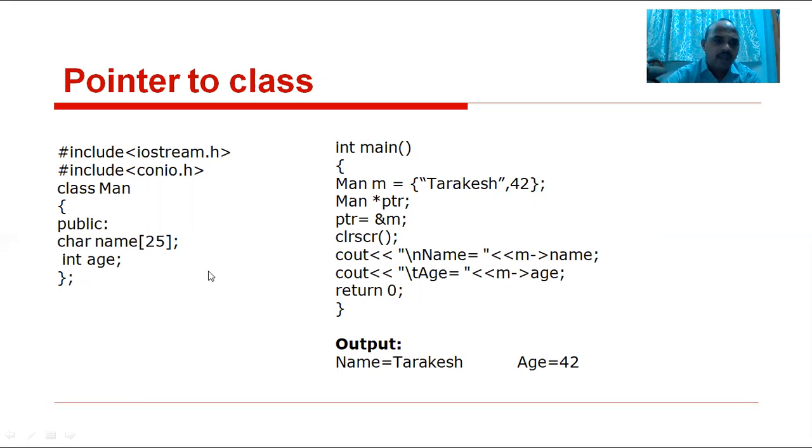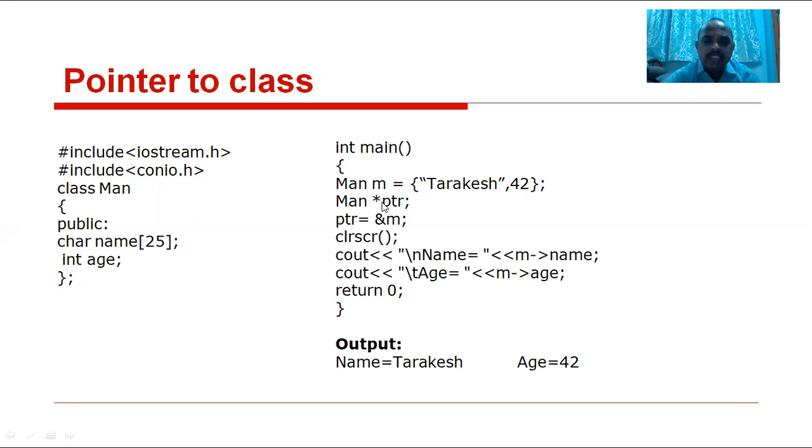In this example, this is class man, with name and age. These two are the members of this class, defined in public visibility. In the main function, m.name equals Tarakesh and m.age equals 42.